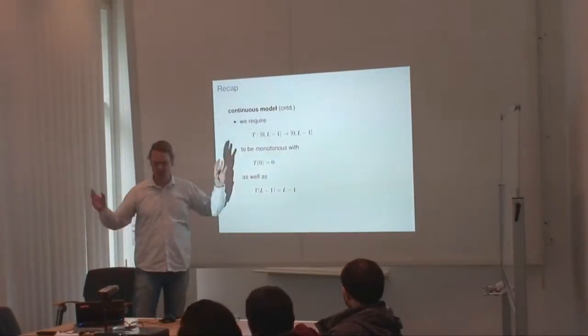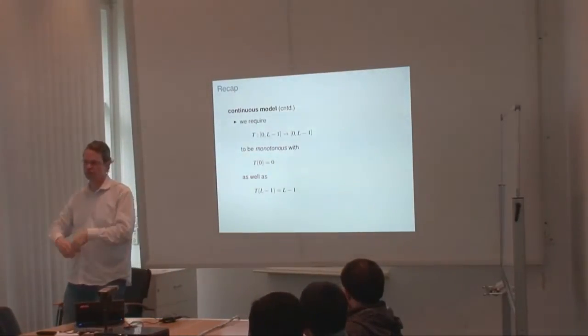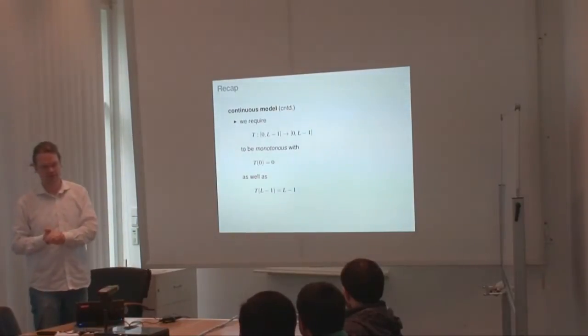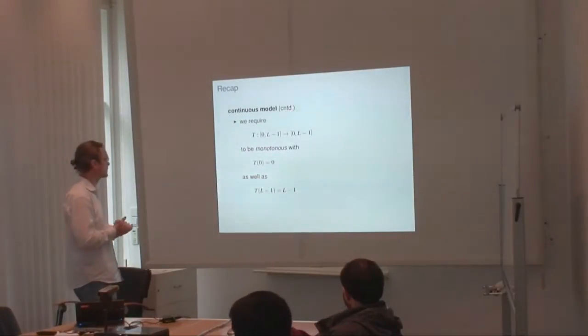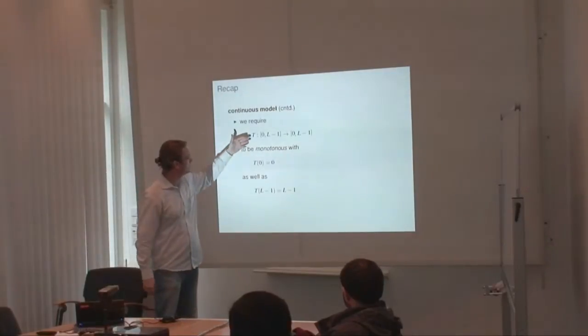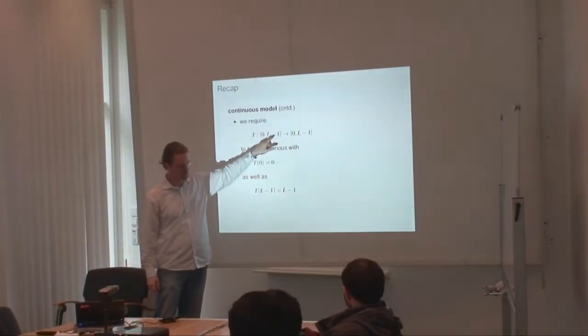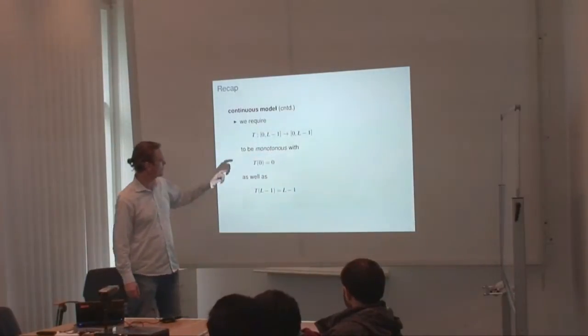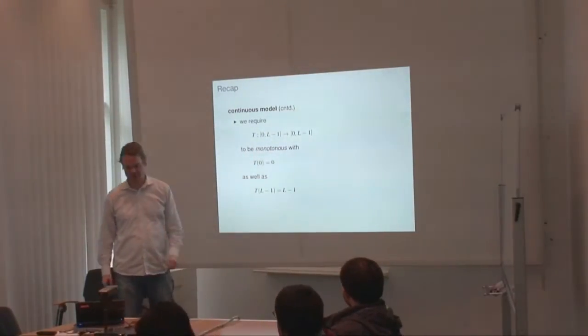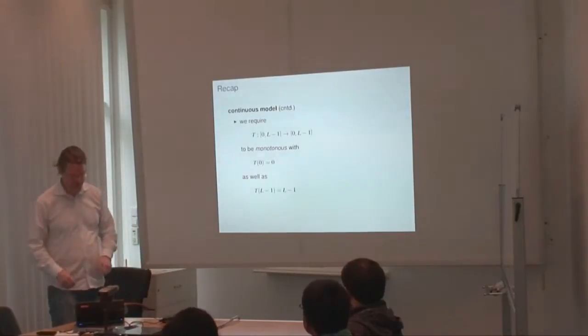And an intensity of L minus 1, say 255, should remain at 255. So we require T to map the intensity interval to the intensity interval. We require it to be monotonous. We require it to be invariant at 0 and L minus 1.